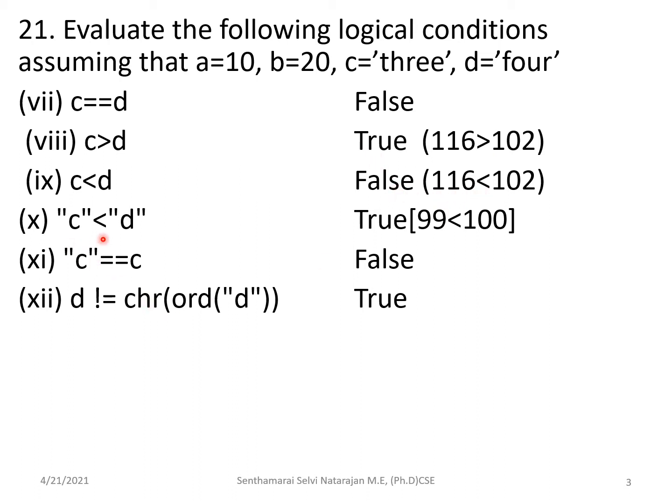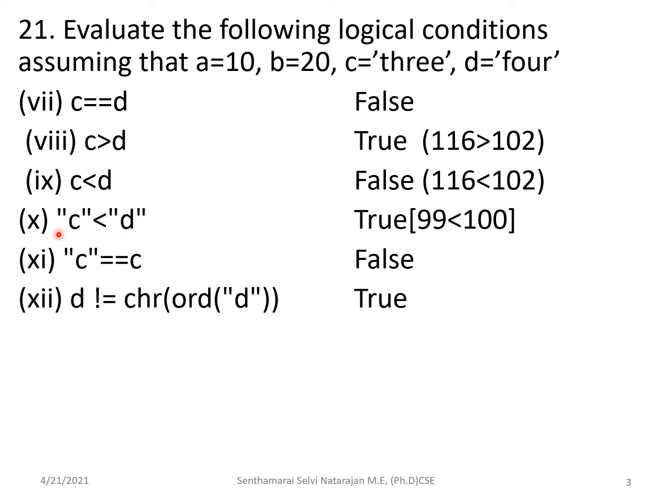And here you can see that within double quotes they have given the value of c and then d. What you have to do is get the value of c and then the value of d. Here you can either go for the ordinal value of t or the ordinal value of 4.